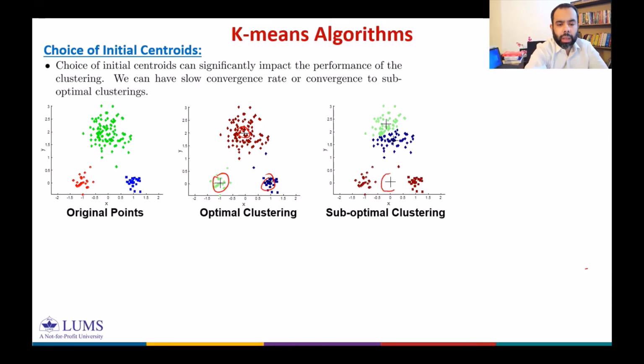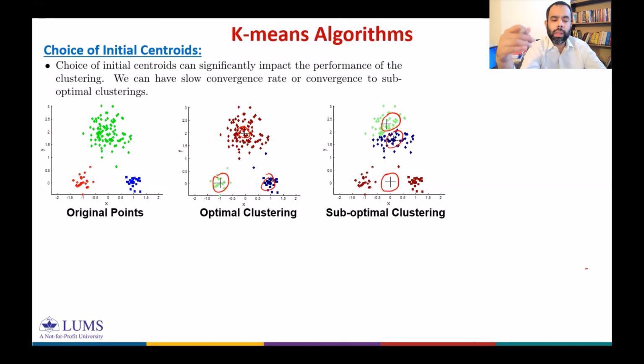If you see, this is a centroid, this is a centroid. The algorithm has converged. If you run the algorithm for more iterations, centroids won't change, reassignment won't happen, SSE won't decrease. But the algorithm has converged to suboptimal clustering.